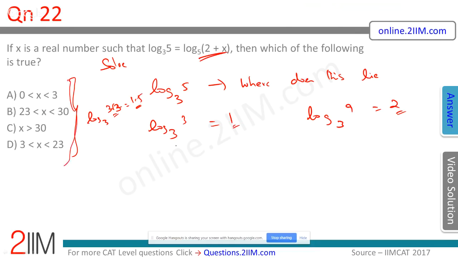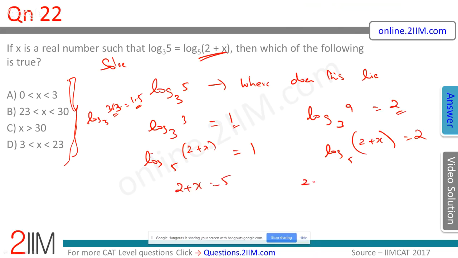Remember that. And so I'm going to think about log of 2 plus x to the base 5. When does this become 1? Log of 2 plus x to the base 5. When does this become 2? 2 plus x should be 5. 2 plus x should be 5 square, which is 25. Or x is 23.